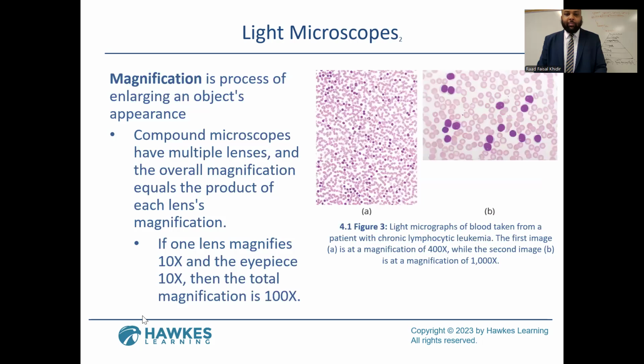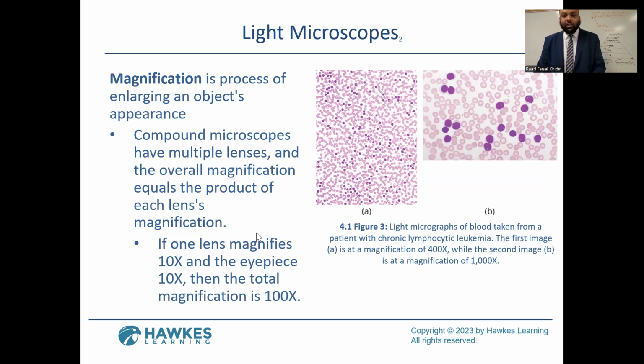Now we're going to talk about magnification versus resolution. So magnification is a process of enlarging an object's appearance. So when you magnify something, you enlarge it and you see it in more detail. So compound microscopes have multiple lenses, and the overall magnification equals the product of each lens magnification.